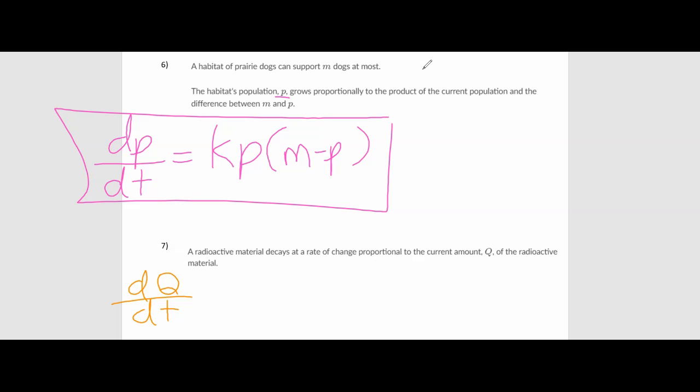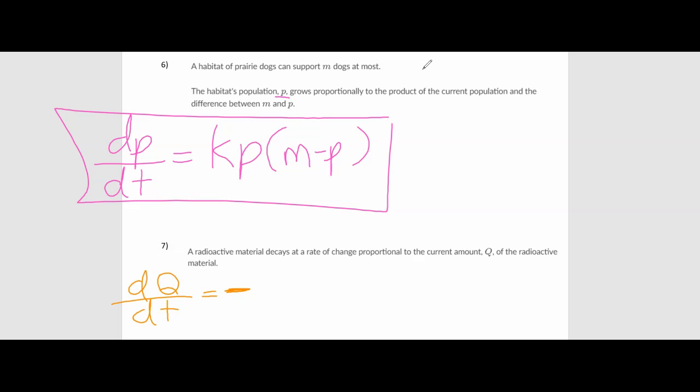And it says it's decaying, so that means the amount is decreasing, which means this rate is going to be negative, right? Because the amount of radioactive material is getting smaller, so the rate at which it's changing should be negative.